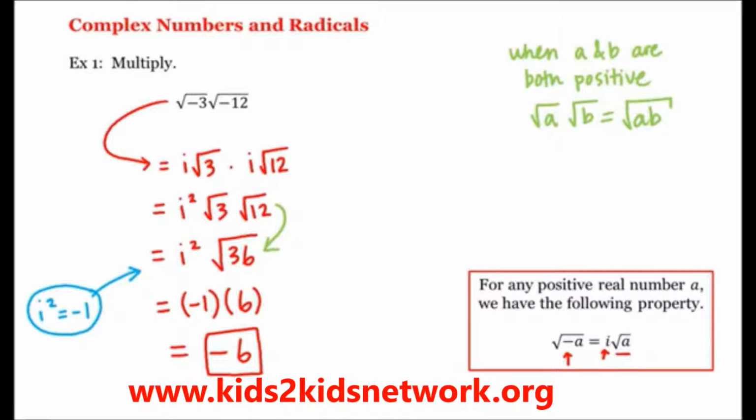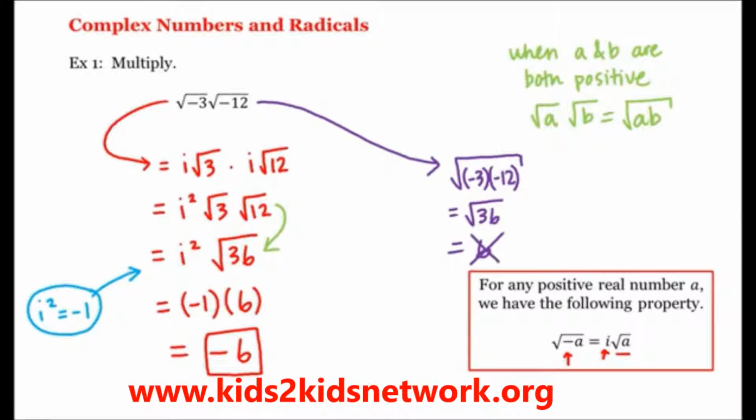But when a and b are both negative, we cannot use this property. Watch what happens if we try to use it from the very beginning. What would we get? We'd have the square root of negative 3 times negative 12, which is the square root of positive 36, which is positive 6, not negative 6. So be really careful here.